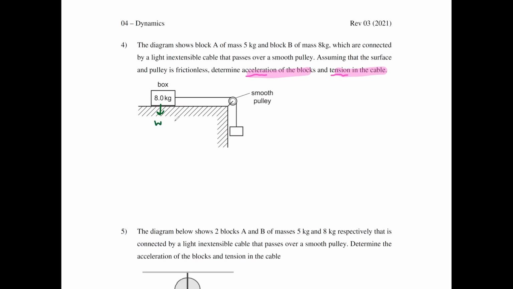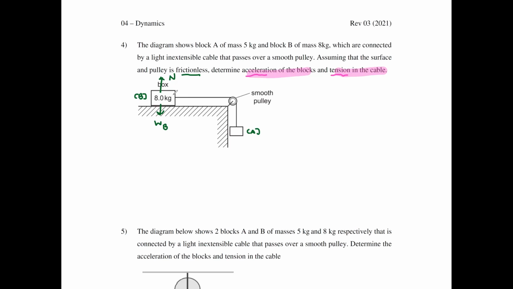Let's just call this block B, and this is block A. This one has a weight, and then you have a normal reaction force. They say that the surface is frictionless, so there's no friction acting here.